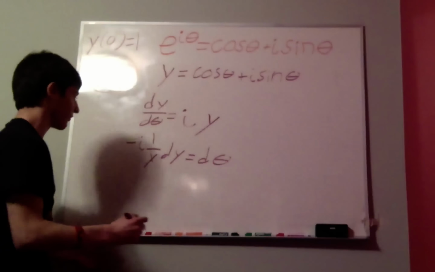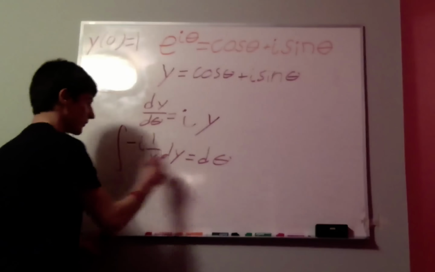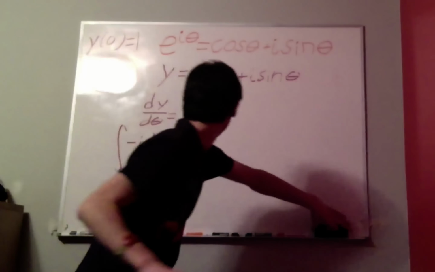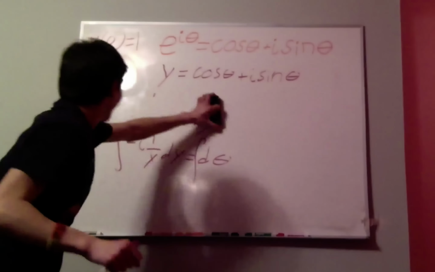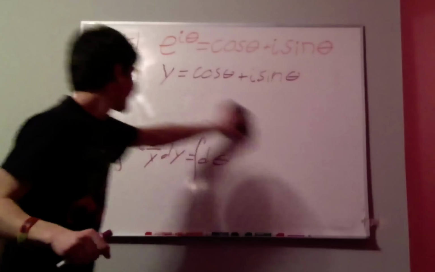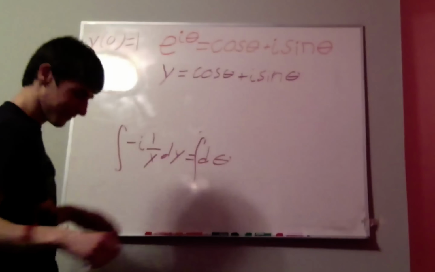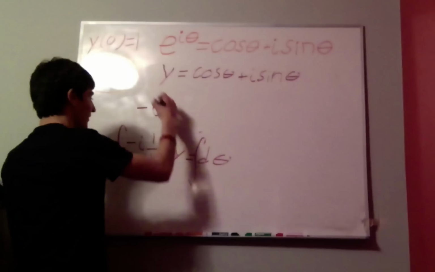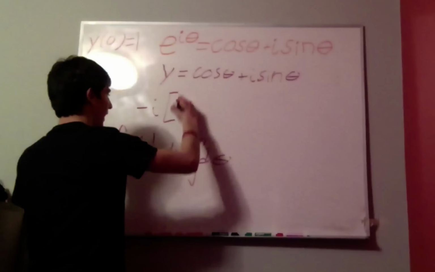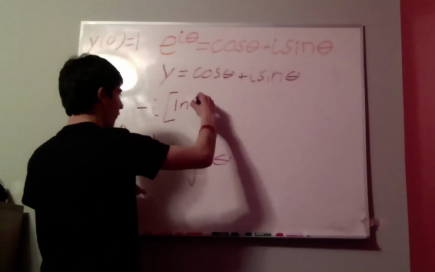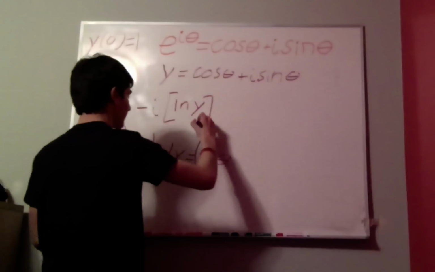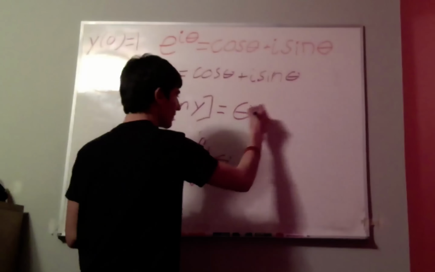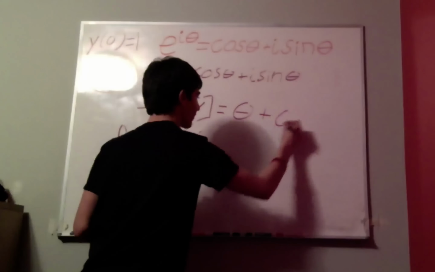Alright, so I'm going to integrate both sides. I'm going to use an indefinite integral, but there might be other means of doing this. Now, when I do this, I'm going to get minus i times ln of y is equal to theta plus some arbitrary constant.